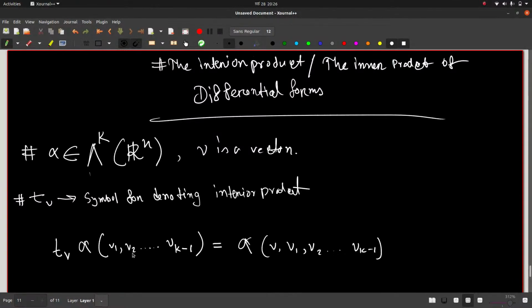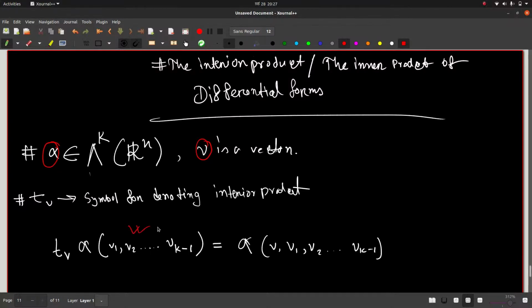Okay, so what does that mean? Because we are considering an interior product between this alpha and this v, right? And we are only interested in the product between them. So notice what happens in this definition.